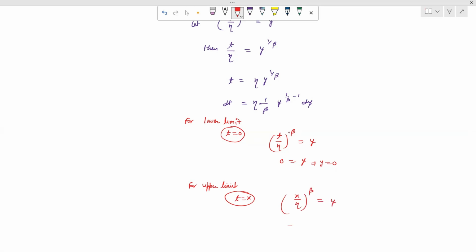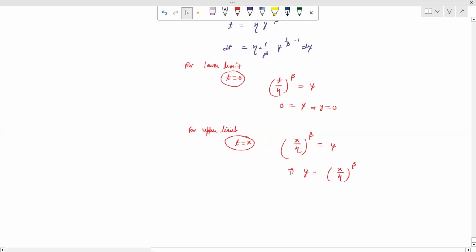So the limits for y are from y equal to 0 to y equal to (x upon eta) raised to the power beta. Then we put in the function.